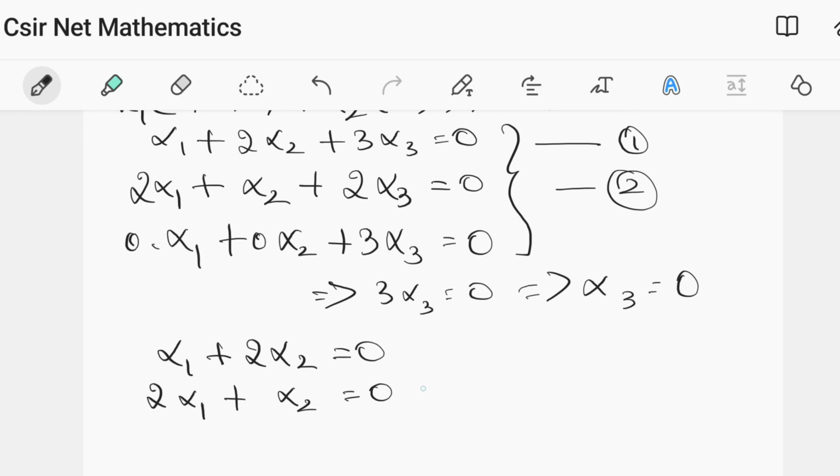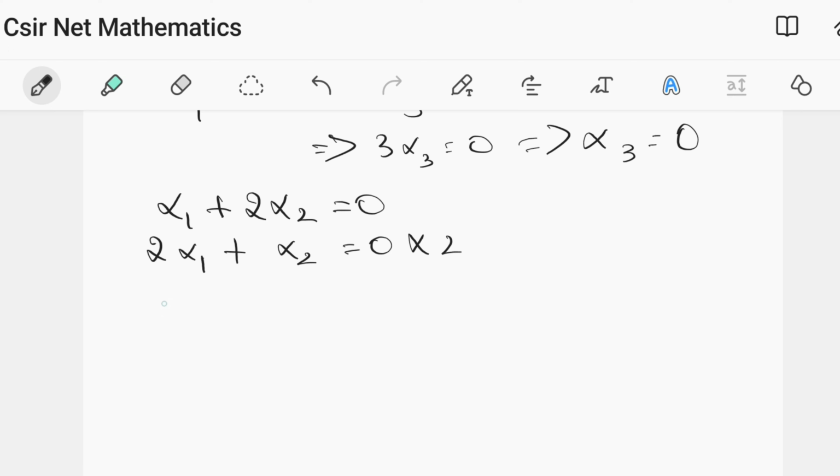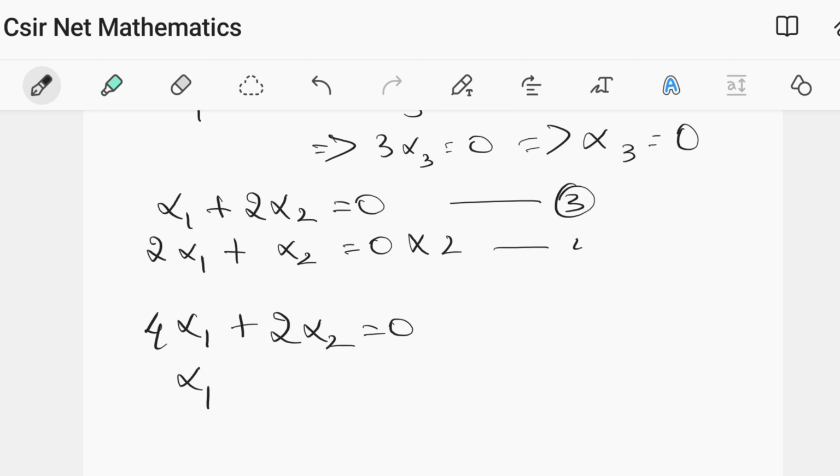Let's multiply the second equation by 2 and simplify. We get 4 alpha 1 plus 2 alpha 2 equal to 0. Let me name this equation 4.